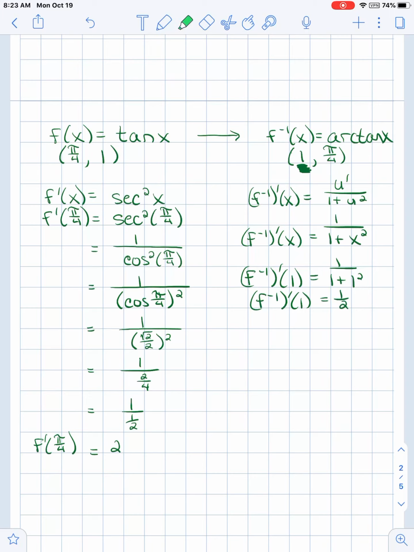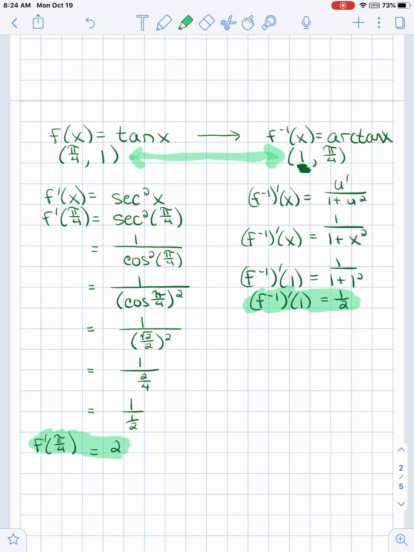So we're noticing, I hope you're noticing, that the derivative of a function and its inverse at that correlated point, so this point that they share is really important. As long as we're looking at this correlated point, that point that they have in common, if you will, the derivatives are reciprocals of each other.